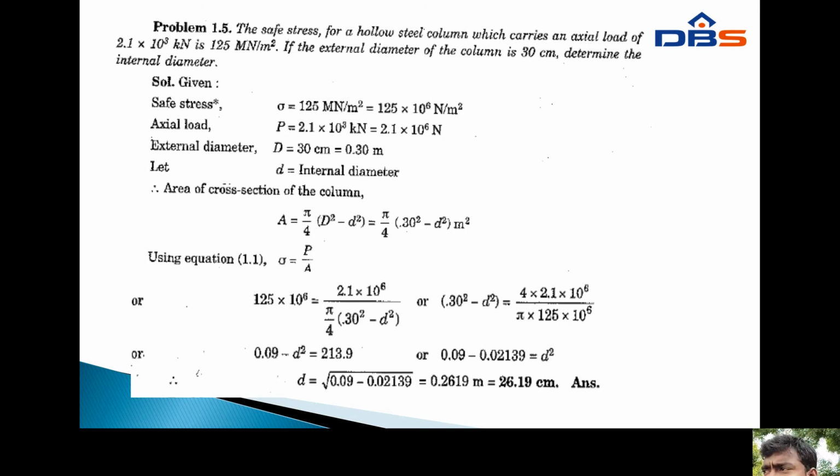Today I am going to solve small problems on stresses and strains and bars of varying cross sections.